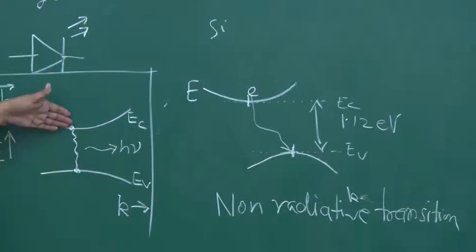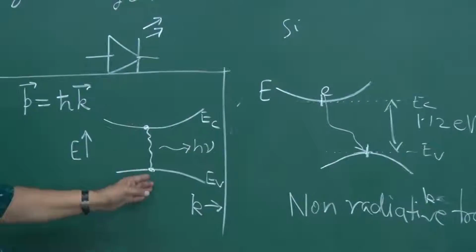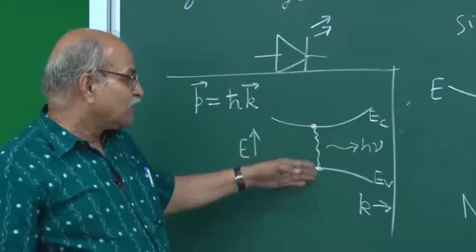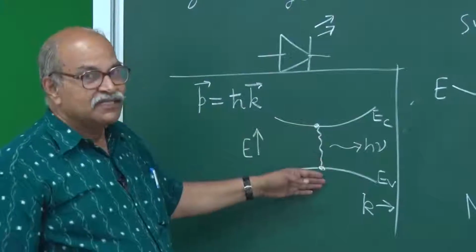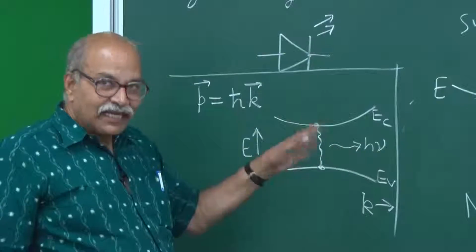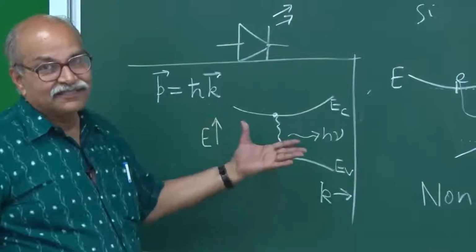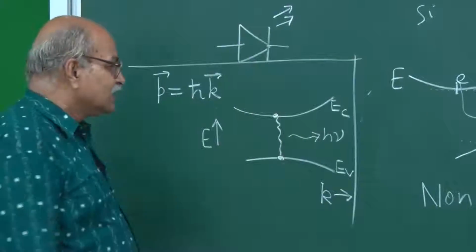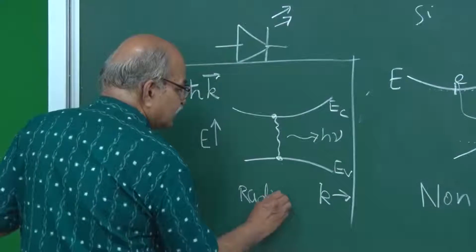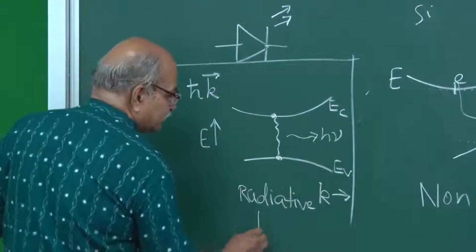Here the bottom of the conduction band and the top of the valence band occur almost at the same k. So only a very small amount of momentum change is involved, and a photon emission can take care largely of that momentum conservation as well as energy conservation. This you call a radiative transition. Radiation is emitted, a photon is emitted.